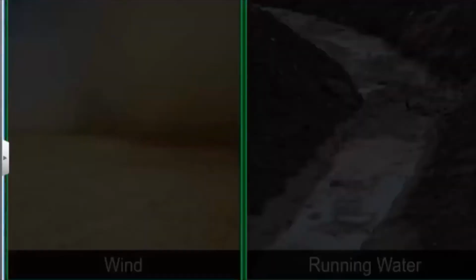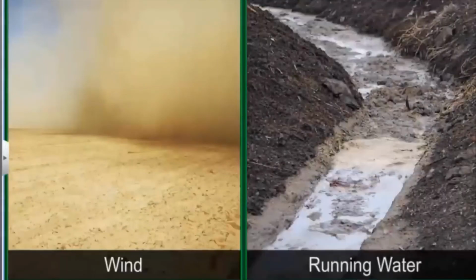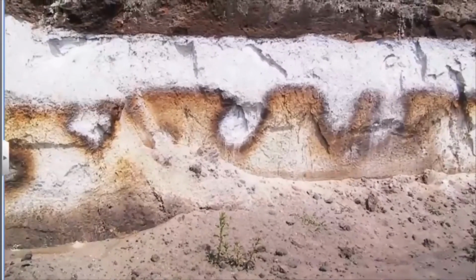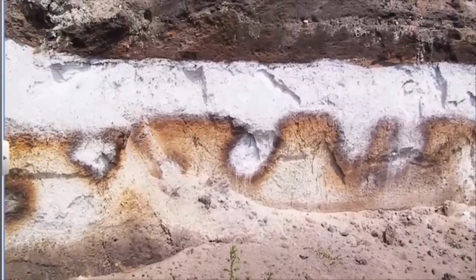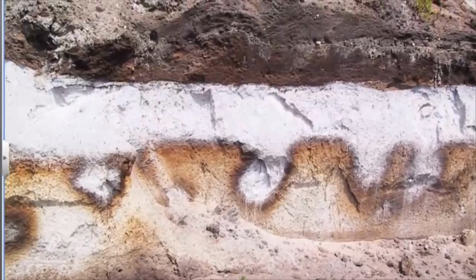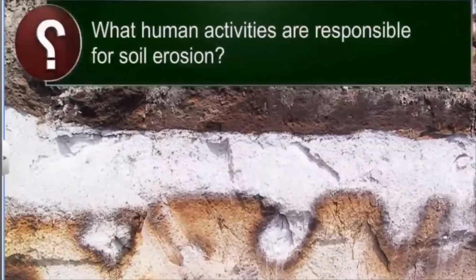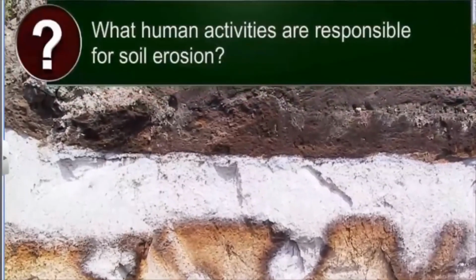The loss of soil cover due to natural agents like wind and running water is called soil erosion. Some human activities have increased the rate of soil erosion by natural agents like wind and running water. What human activities do you think are responsible for soil erosion?